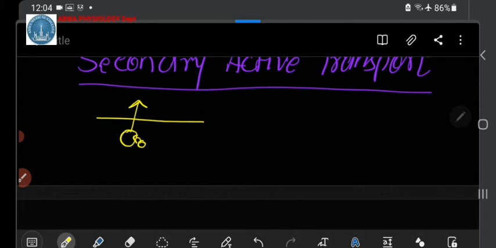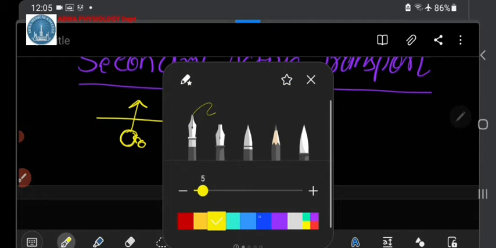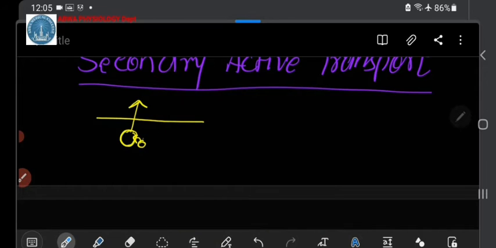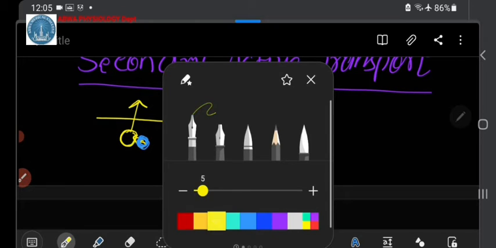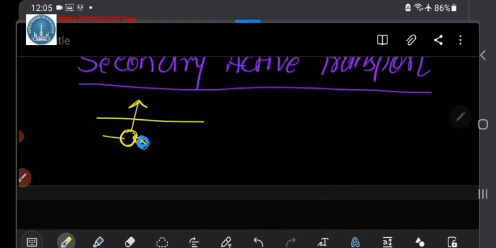Actually, this one, we should change the color. The yellow one will move by primary active transport. But the other one will use the energy of the first molecules and become secondary active transport.